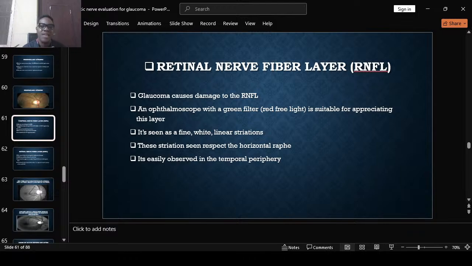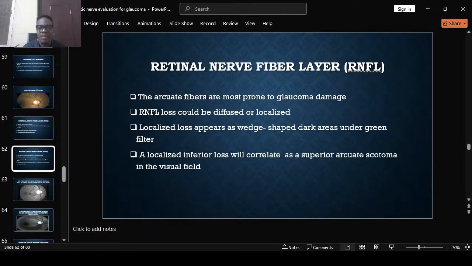So the anatomy of how the retinal nerve fiber layers come into the optic nerve head, you find out that they arc around the macula, and when you use your green filter, you will see fine white linear striations.